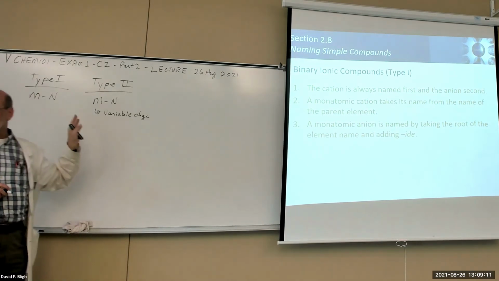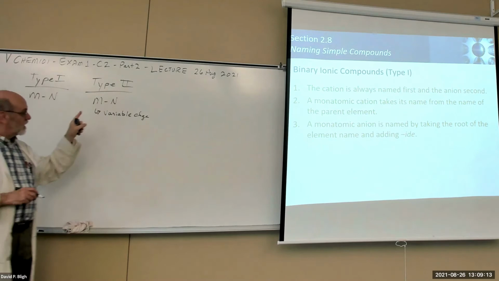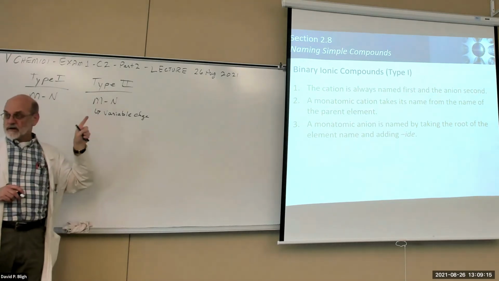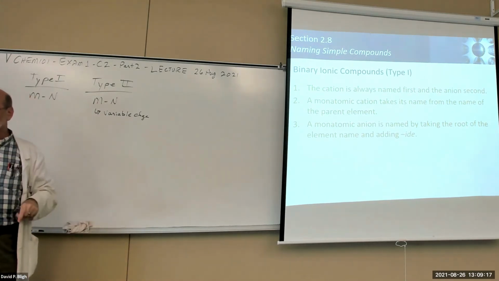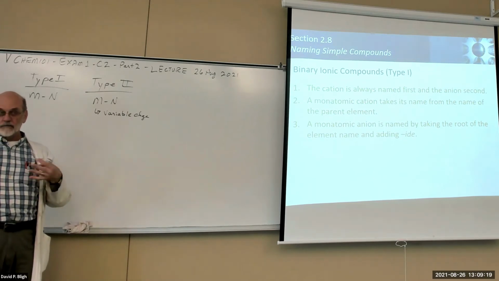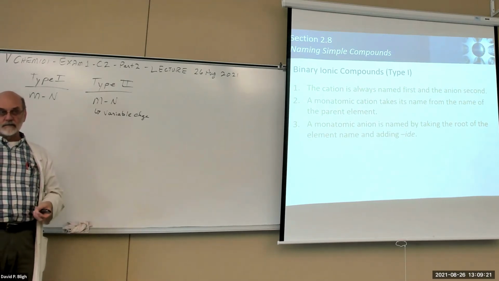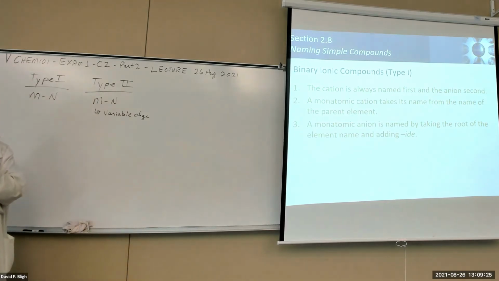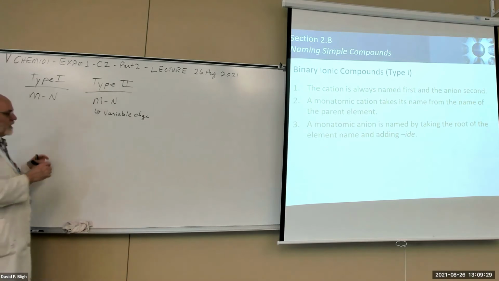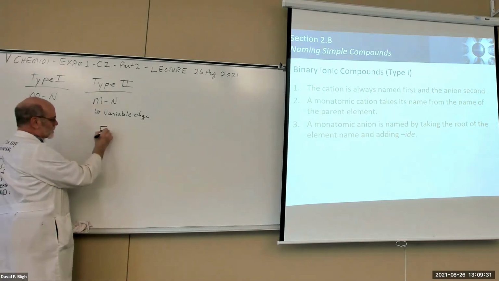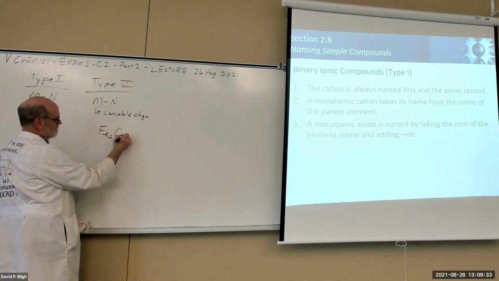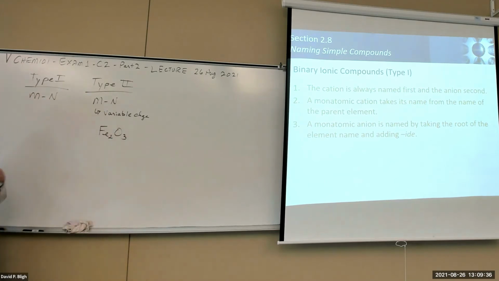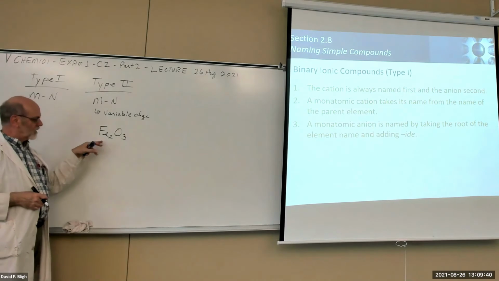Otherwise, the naming convention is the same, except since it's a variable charge, the name has to say what the charge is, because the name itself will not tell you the charge. The compound, if it's written correctly, will tell you the charge. So for instance, if we say this, right, rust, that's what that is.